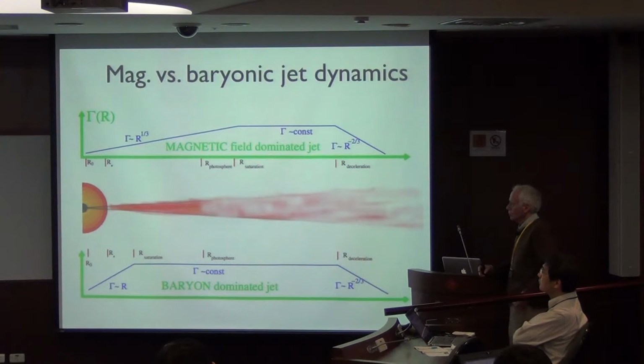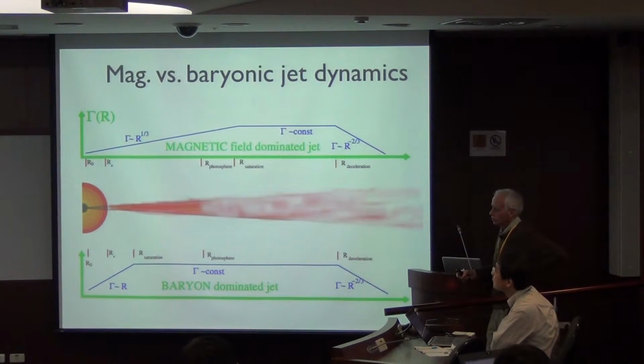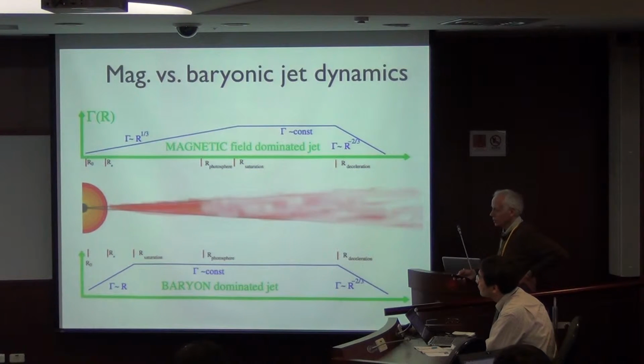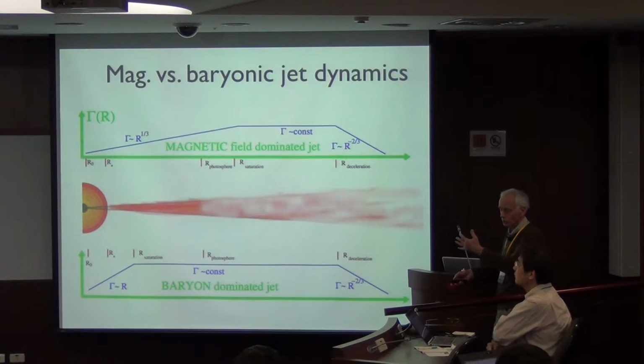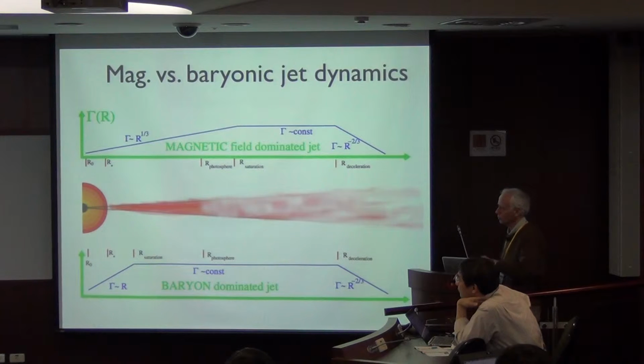Now, where the photosphere occurs depends on the dynamics of the expansion. For a long time we considered that the dynamics is dominated by radiation and that the inertia is provided by the baryons.